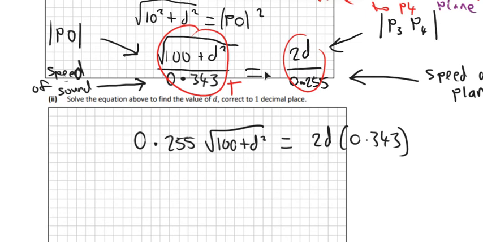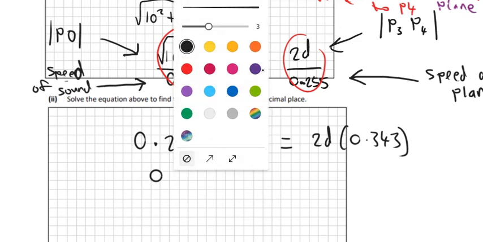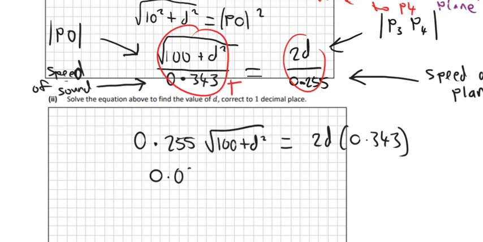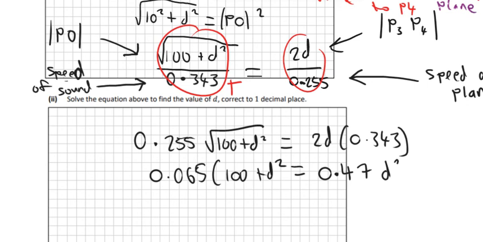So 0.065 times 100 plus d squared is equal to 0.47 d squared.